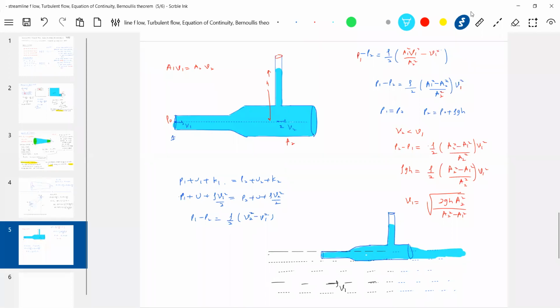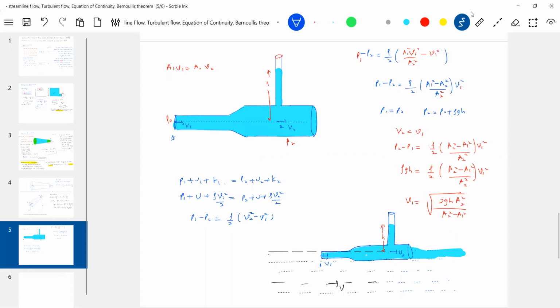It will come like this. So what I can do? I can measure this H. And with the speed with which the river is flowing here, with the same speed it will enter. And the same liquid when it passes here will have some other speed. And if you check, V2 will be less than V1.